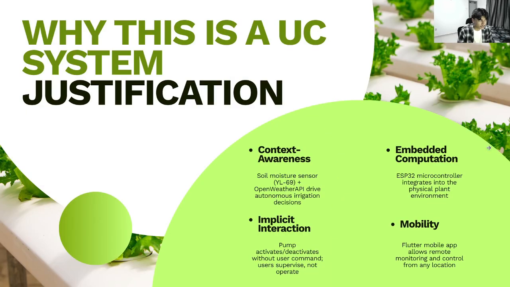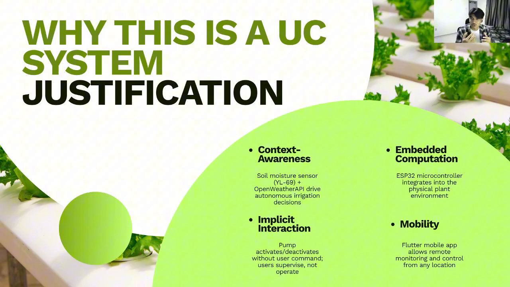So moving on, let's look at why Smart Irrigation Solution is a UC system. Firstly, the system has context awareness. It uses soil moisture sensor, YL69, and also open weather API to drive autonomous irrigation decisions.